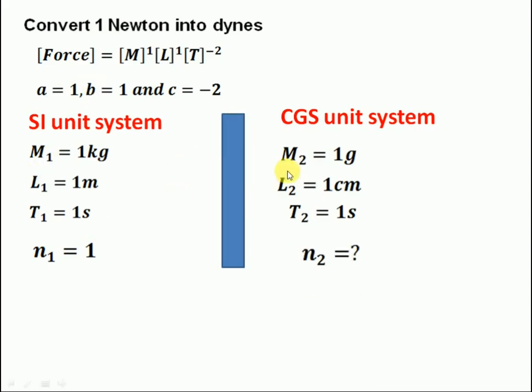Now out of these two unit systems, I have to change one so that both of the units are similar. So I'll just convert this kg into gram, that is 1000 gram, this meter into centimeter, that is 100 centimeter, and for time we don't need to change because both are in seconds.